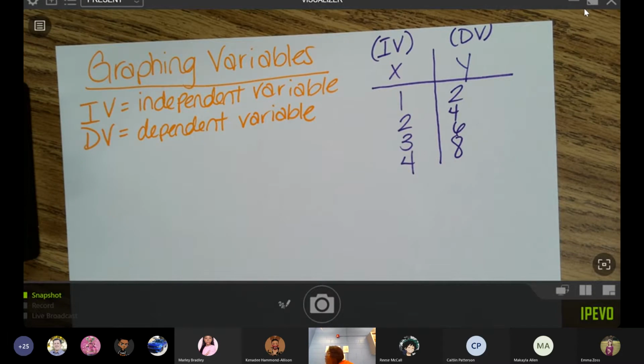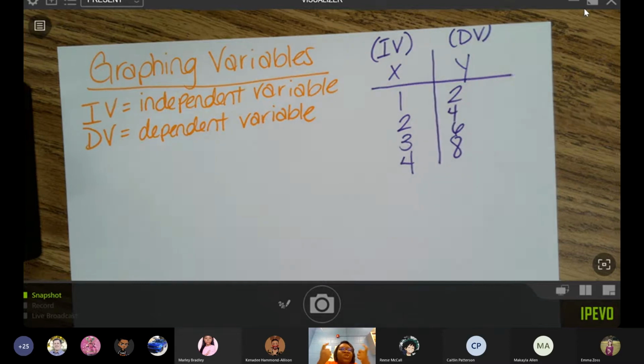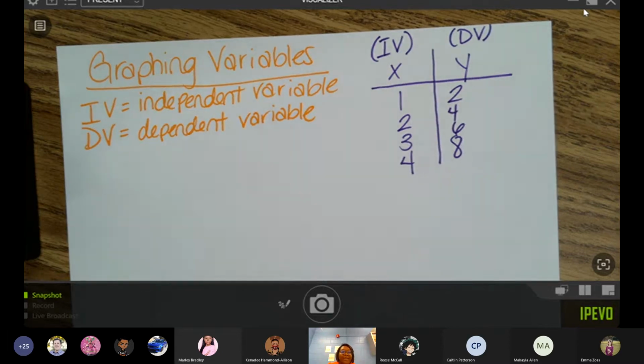And you may wonder, why do we graph variables? It's important for us to know that science and math are close cousins. They're very related because math helps to show relationships.